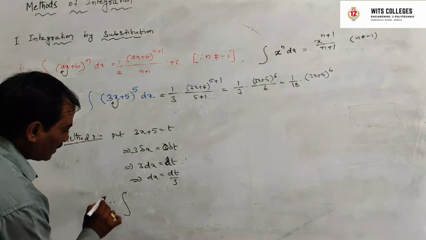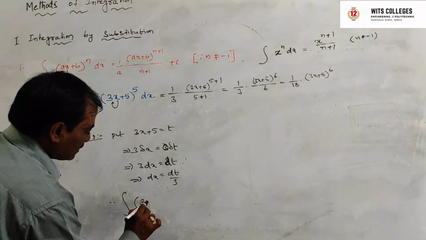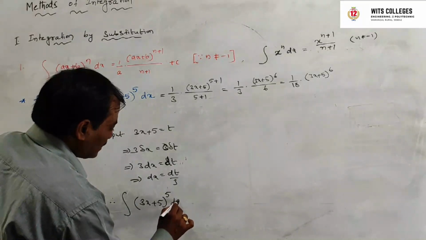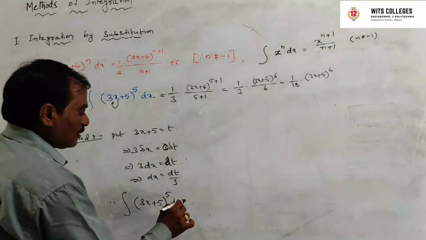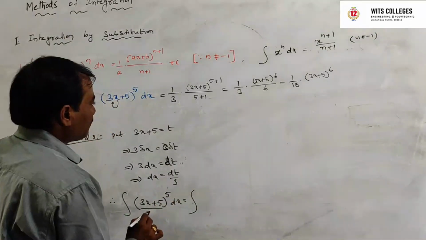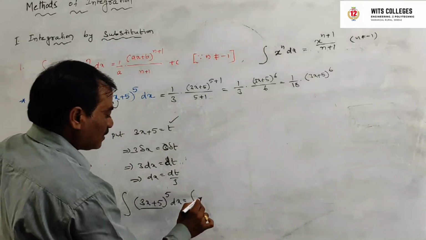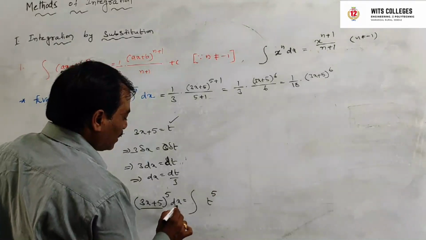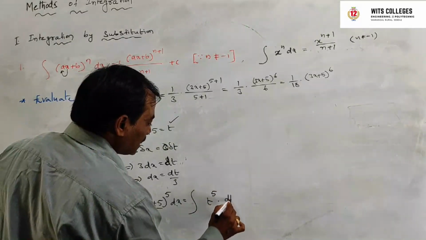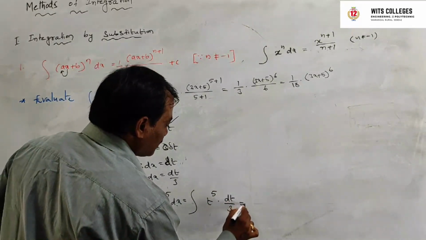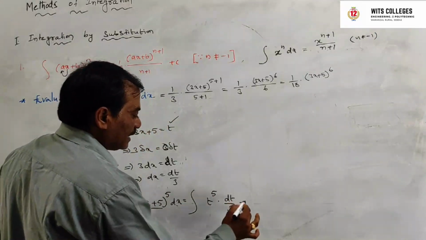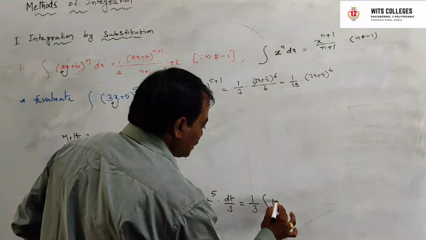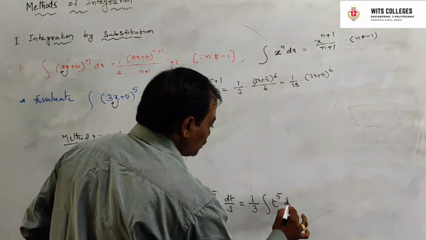So therefore the given integral of (3x + 5)^5 dx equals, now this 3x + 5 is t, and what is the power here? 5, and what is the dx value? dx equals dt/3, and shift 1/3 outside the integral operator. So we get 1/3 times the integral of t^5 dt.